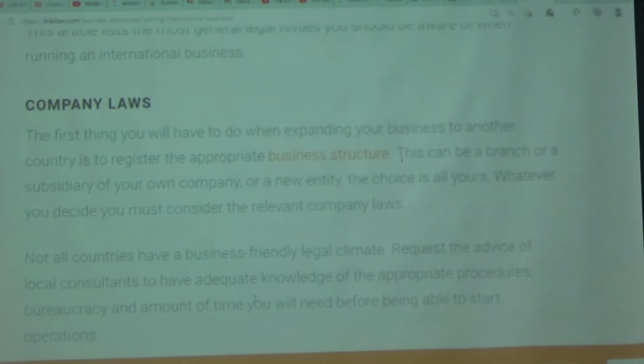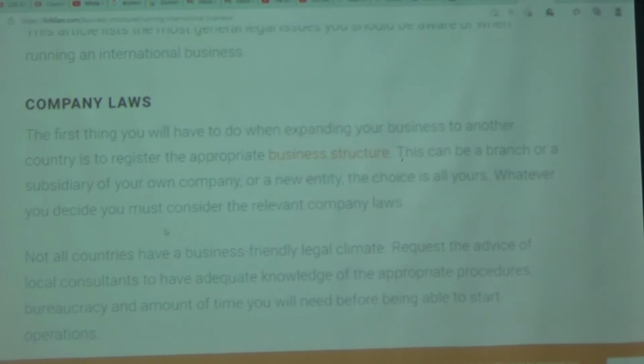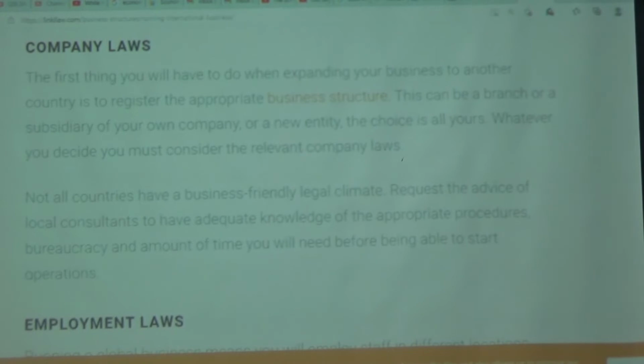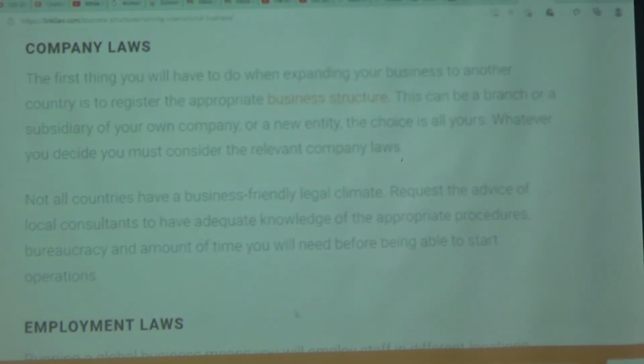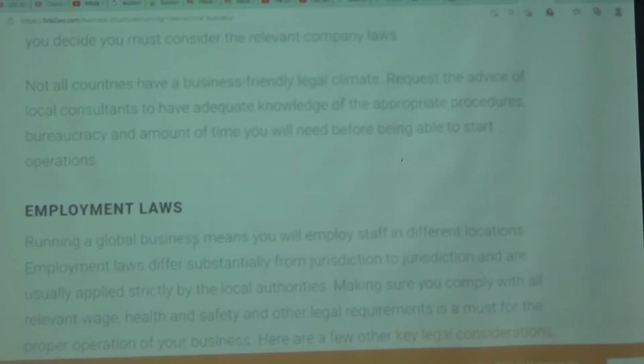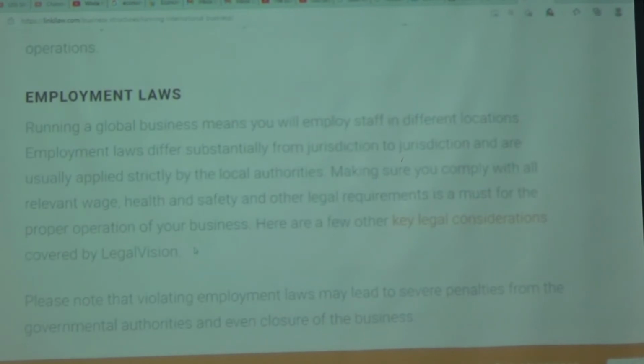So what can happen? Can you use your own company from overseas still? Do you have to start a new company? Consider the relevant company laws. Not all countries have a business-friendly legal climate. Request the advice of local consultants to get adequate knowledge. Use your embassy, use your chamber of commerce. Employment laws.